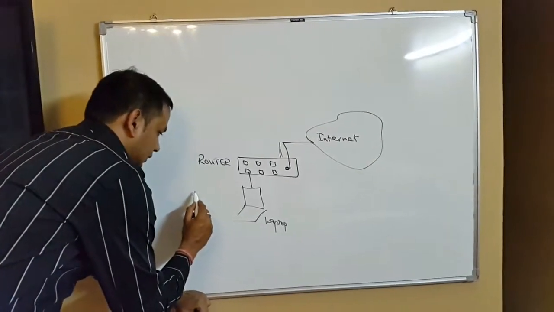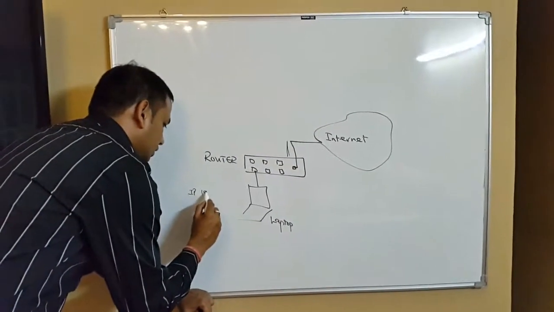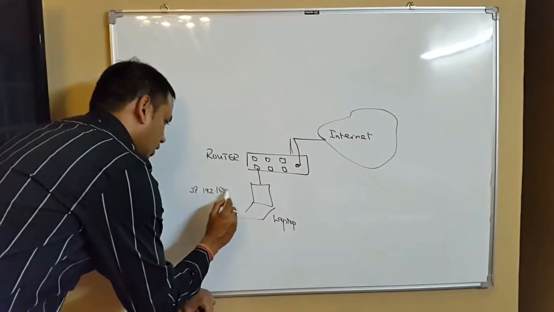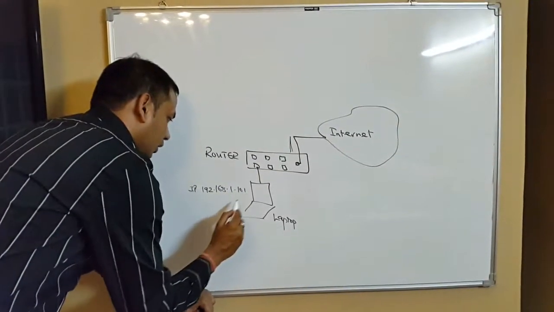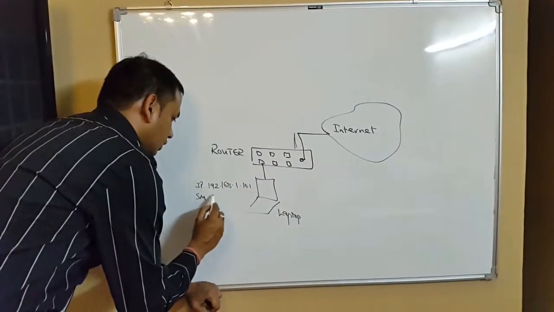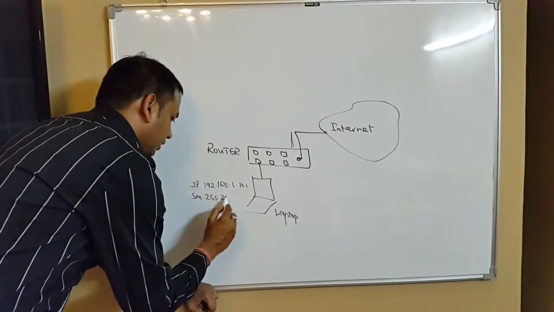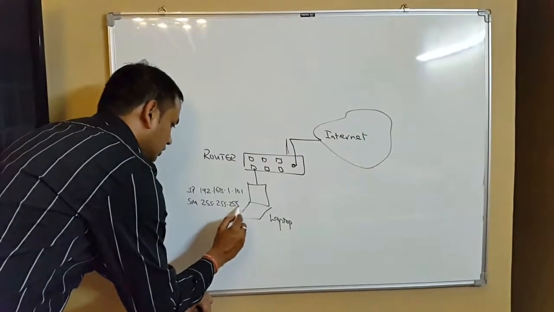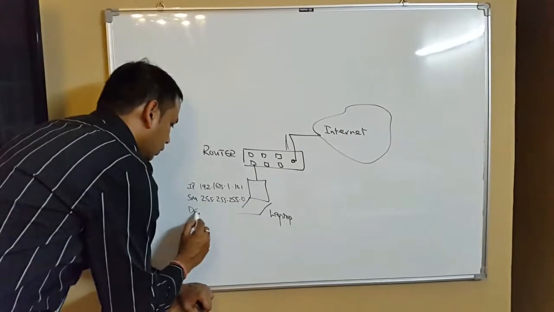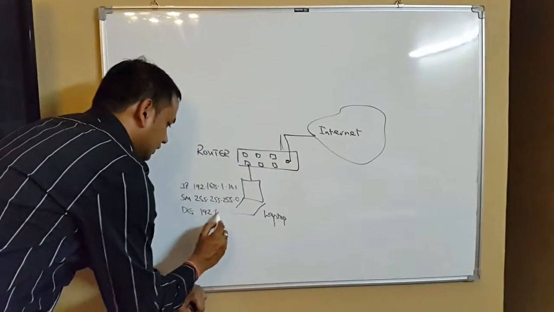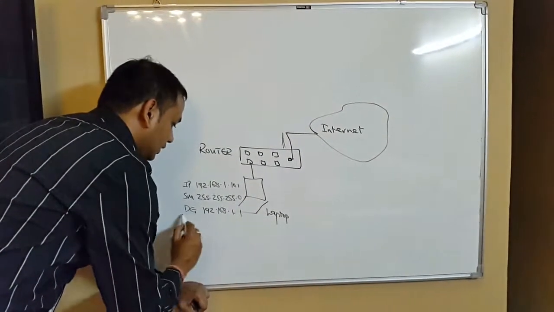My IP address on that laptop is 192.168.1.101. My subnet mask, for example, is 255.255.255.0. And my default gateway is 192.168.1.1.